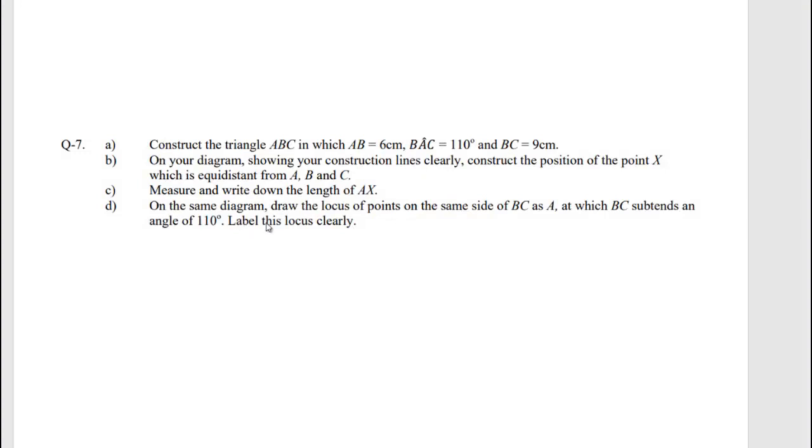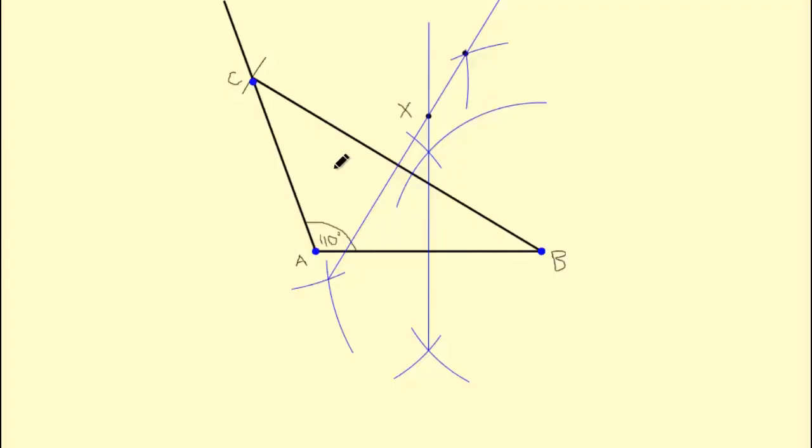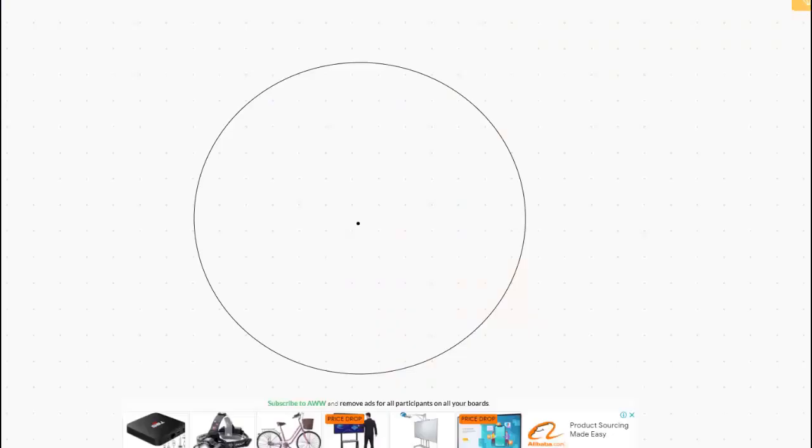On the same diagram, draw the locus of points on the same side of BC as A, at which BC subtends an angle of 110 degrees. The locus of the point will be on this side. The locus of a point such that line BC subtends a 110 degree angle at that point is a circle property.